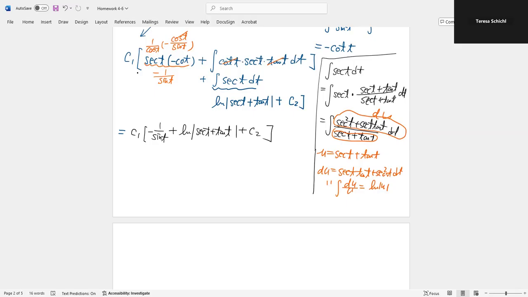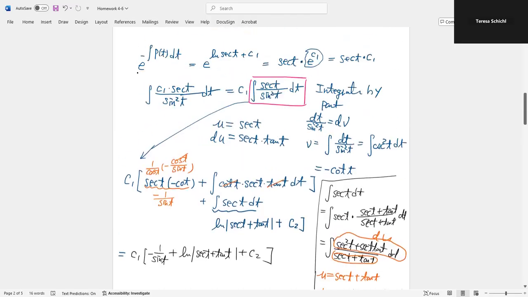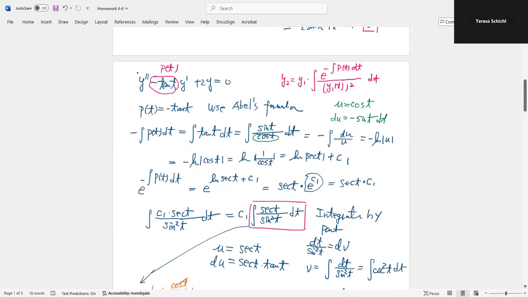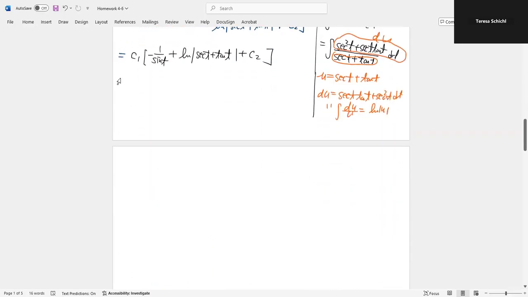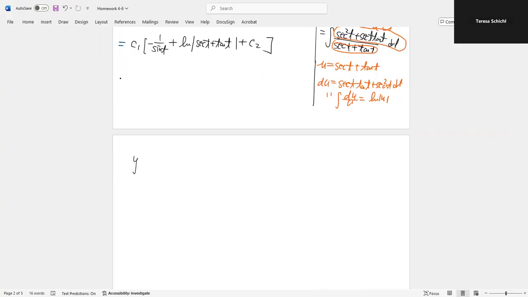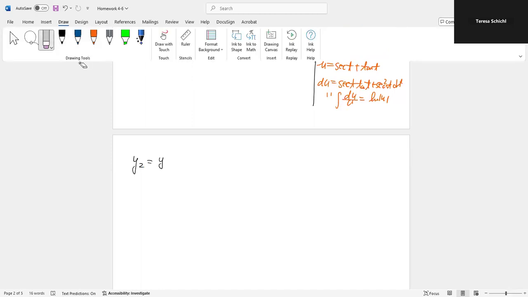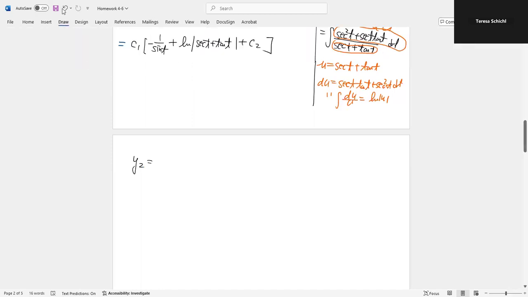Okay, now for my final, remember Abel's formula? In order to get y2, you multiply by y1. So now the final y2 is equal to y1 times the integral. What is y1? We guessed it's sine t, right?